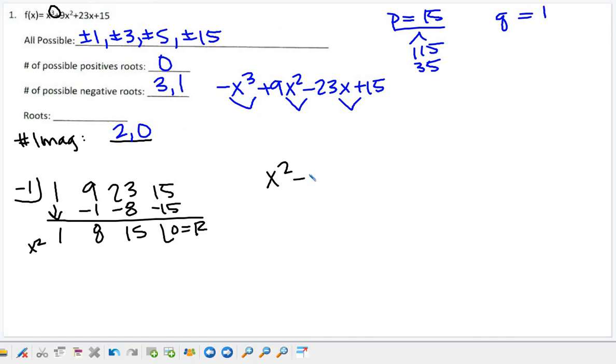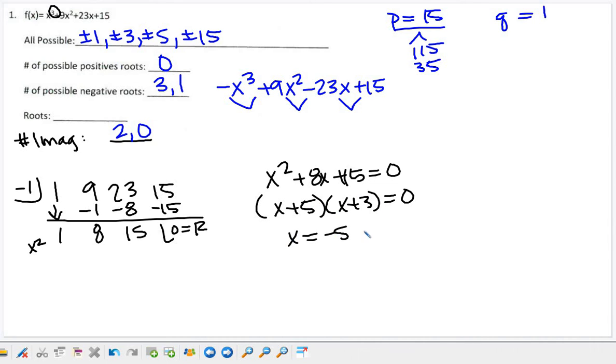So I have x squared plus 8x plus 15. And that factors. So we had no imaginaries. So our roots are negative 1, negative 3, and negative 5. Okay? Negative 1, negative 3, and negative 5.